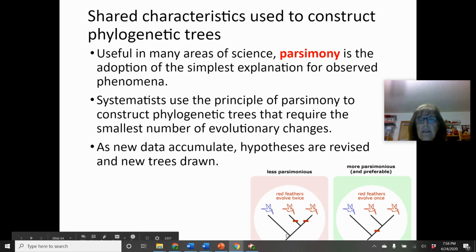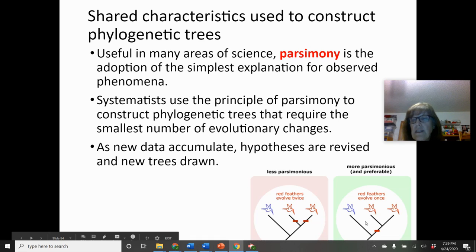So when we look at this, for example, let's say that we're looking at the evolution of red feathers in a species. If we put that red feathers evolved here and red feathers evolved here, it just makes the data more confusing than if we show the shared derived characteristic occurred here and both of these have red feathers.